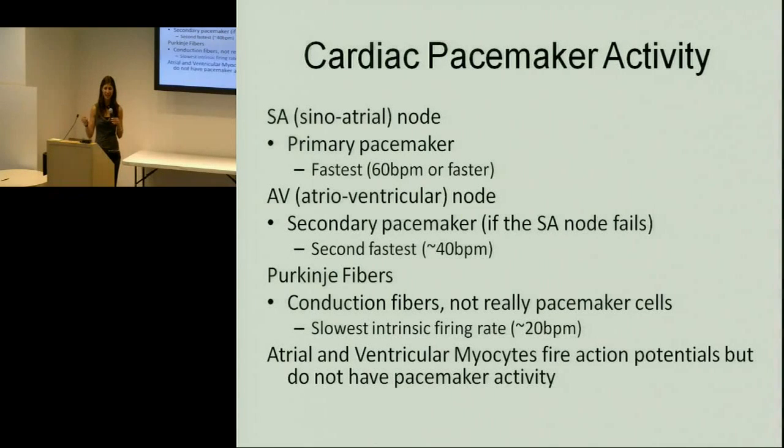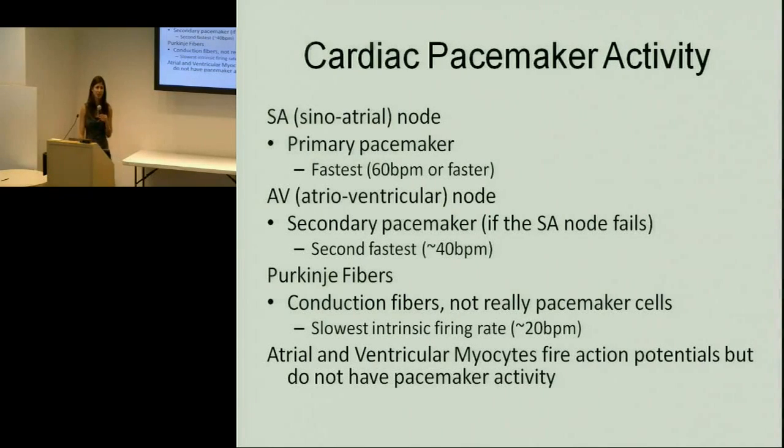So in this way, the SA node, even though it's not the only pacemaker in the heart, is the pacemaker of the heart. Does that make sense? Because it's always bossing around the lower levels, okay? And so when we have cardiac pathologies, a lot of times it's because that order's been messed up, because maybe one pacemaker, usually the SA node, is a little bit out of whack, and then everything else follows, okay?